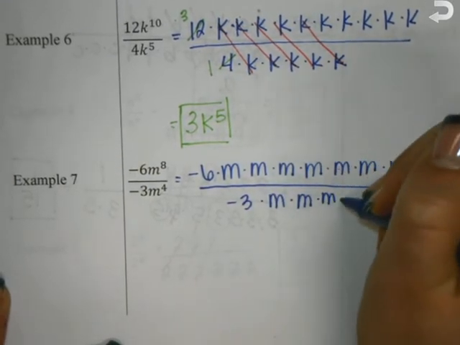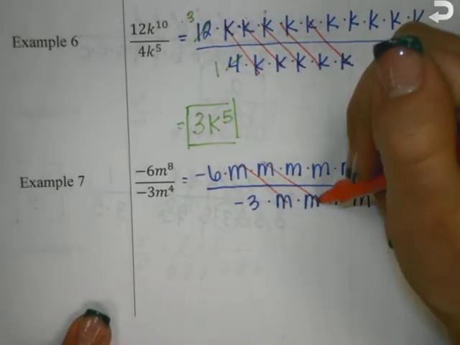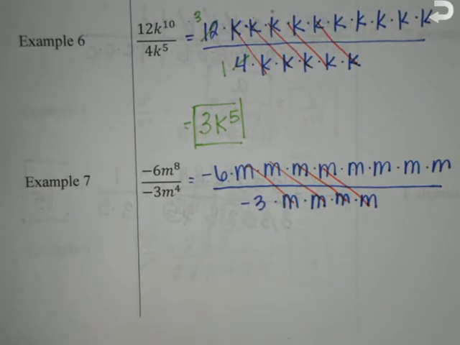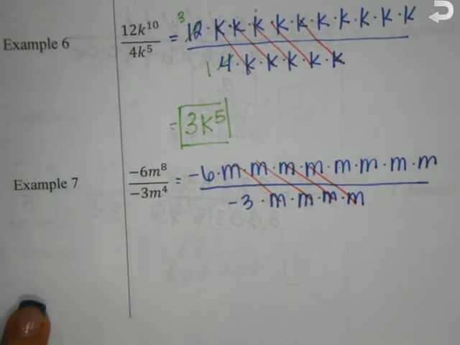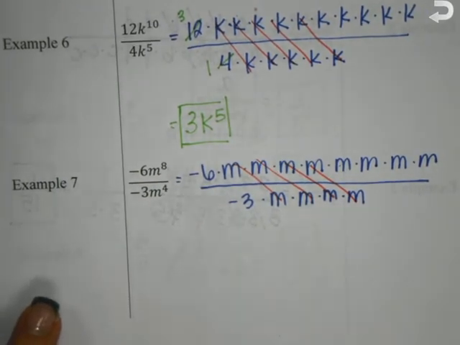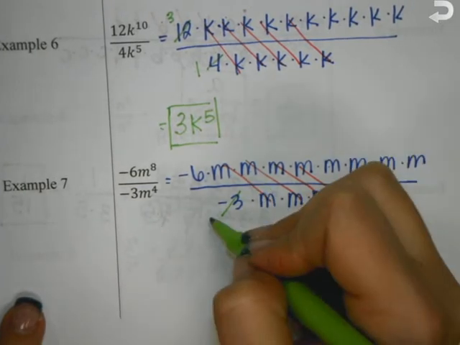And I want to reduce those numbers. What goes into both negative 3 and negative 6? Not positive 3, negative 3. Negative 3 divided by negative 3 gives me 1. And negative 3 divided by negative 6 gives me positive 2. So what's my answer? 2m to the 4th. Very nice.